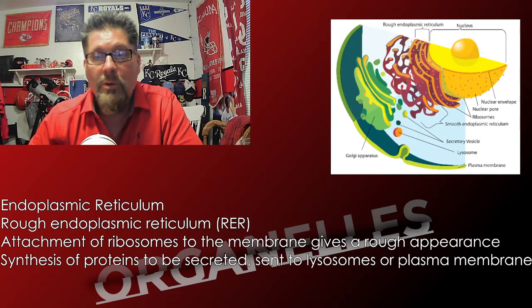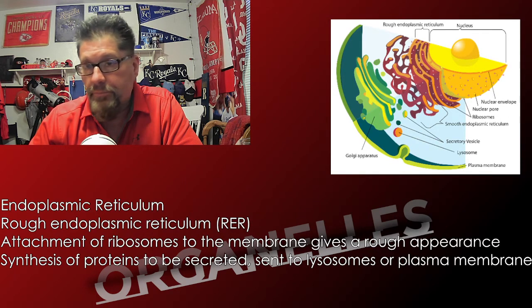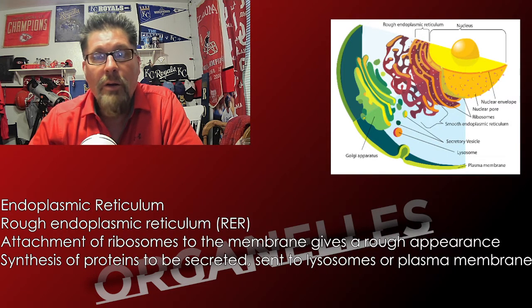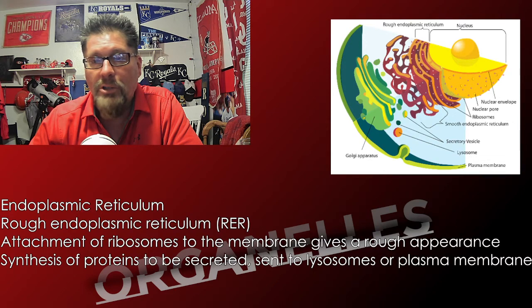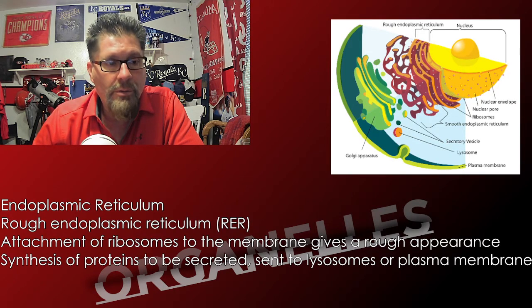And that's from the ribosomes being attached. Those ribosomes are making proteins, and then they enter the rough ER to be processed, finished up, before they make their way to the Golgi body, Golgi apparatus.